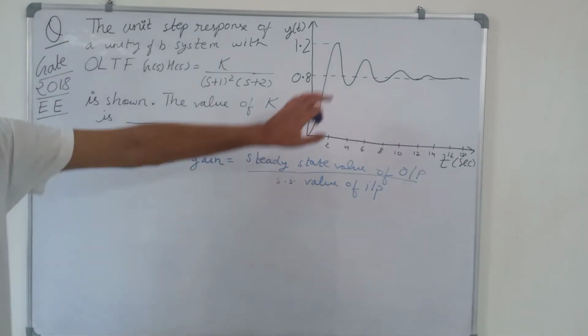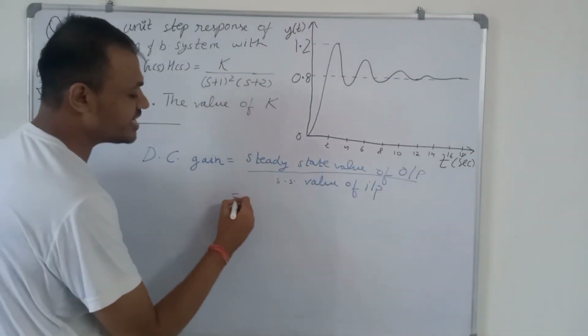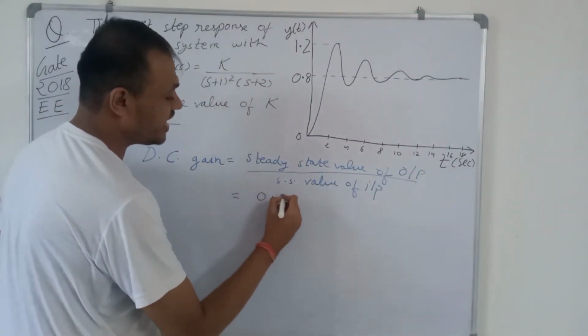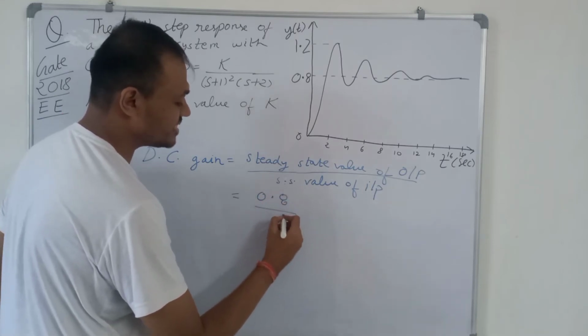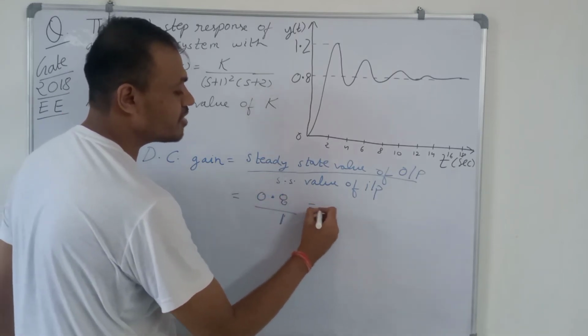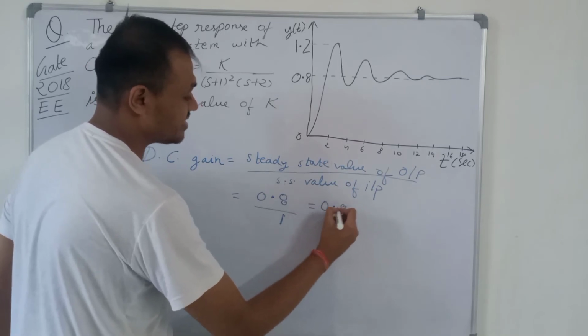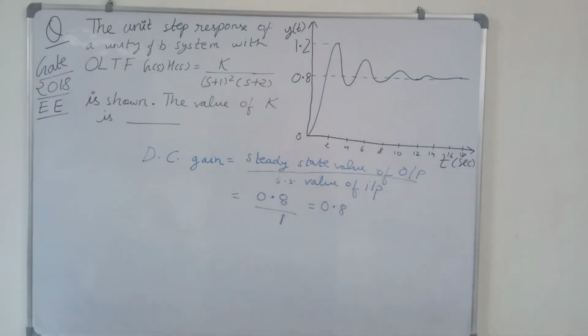The steady state value of output is 0.8 and the input is a unit step signal, so its value is always 1. So DC gain is equal to 0.8 upon 1, which will be equal to 0.8. So DC gain is 0.8. This is the second method.